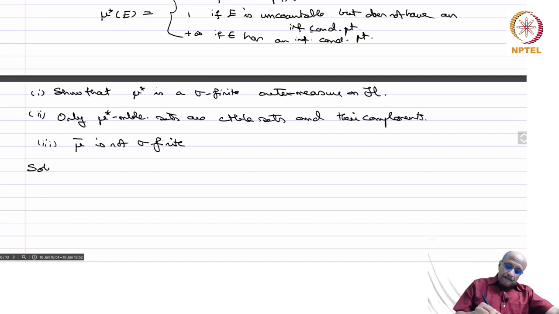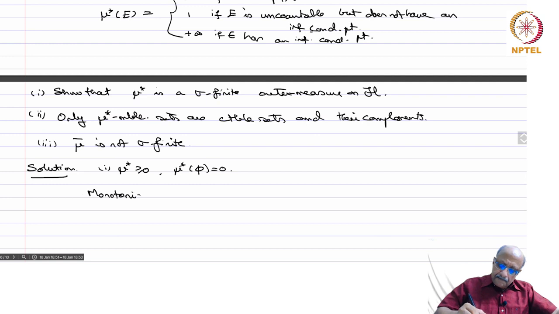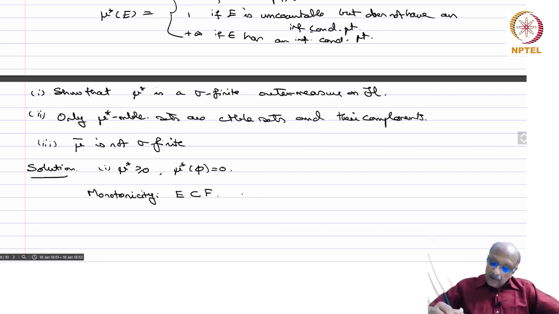Okay, solution. So 1, mu star is greater or equal to 0, obvious, and mu star of phi, the empty set, is also 0, because that is how we have defined it. Now monotonicity. So E is contained in F. If mu star of E equals 0 or plus infinity, there is nothing to prove.